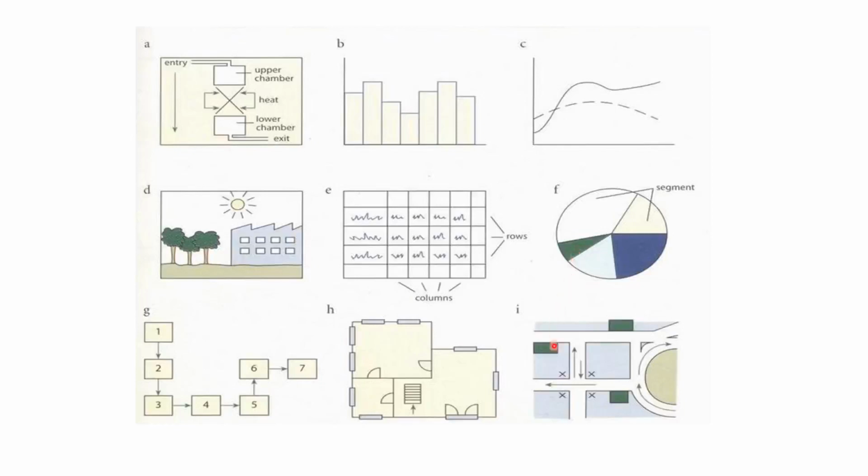Here is a map. Here is the floor plan. This one is a flow chart. This one is line graphs, bar graphs. It's a diagram, and so on. Picture.